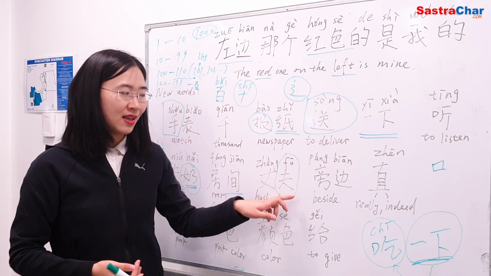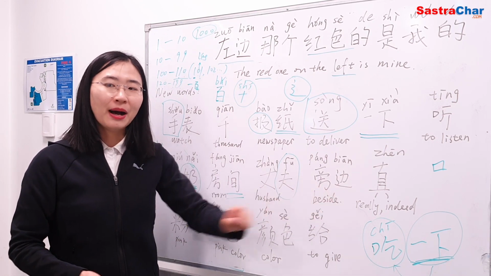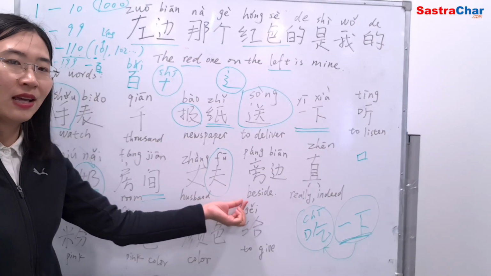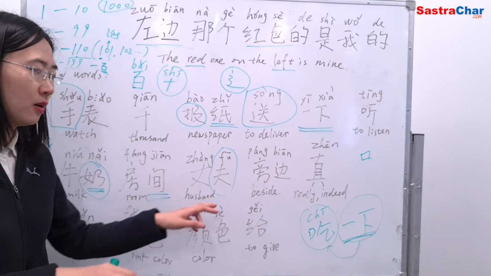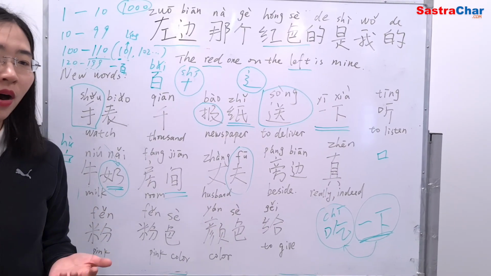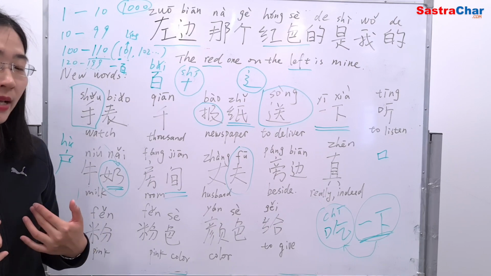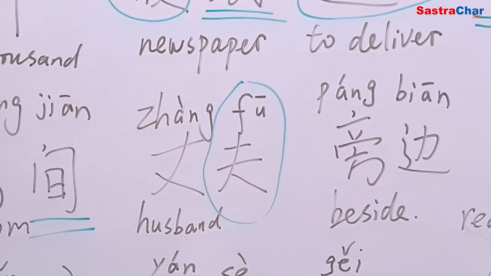Okay, next, 旁边. 旁边 means beside or a place near you. So it's like you are standing beside me, right? So you are beside me. 旁边 can describe your location right now.